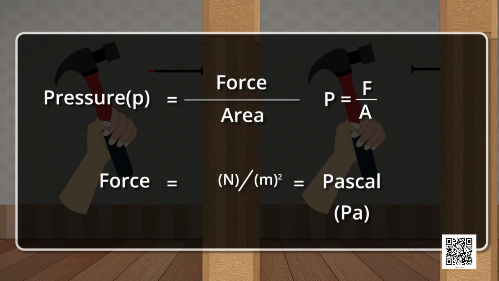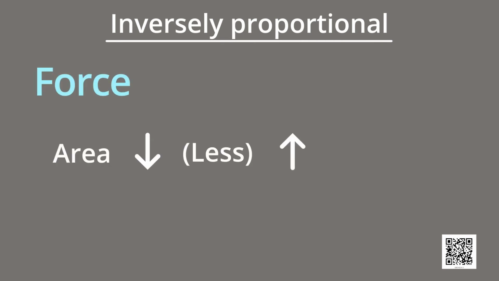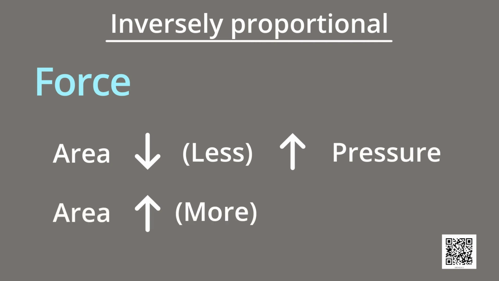Students, pressure is inversely proportional to the area of contact. Inversely proportional means for similar force, smaller the area, larger the pressure, and larger the area, smaller is the pressure.